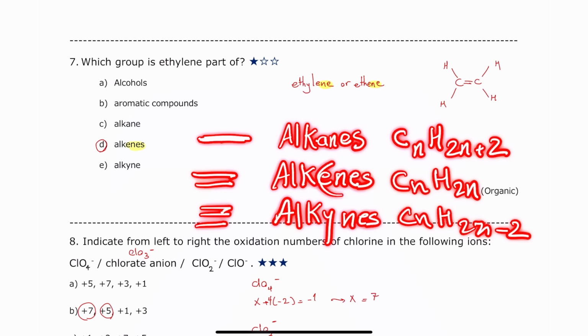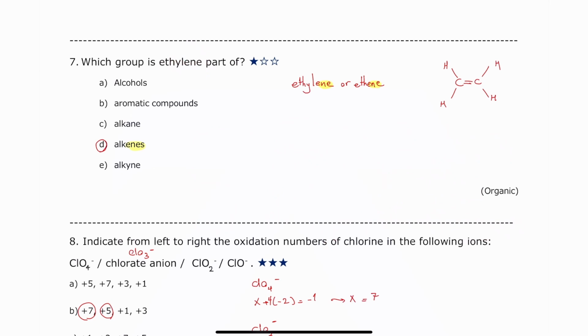And by this part of the naming, you can understand this is ethylene, or ethene, so it would have a double bond, and it would be part of the alkenes group.